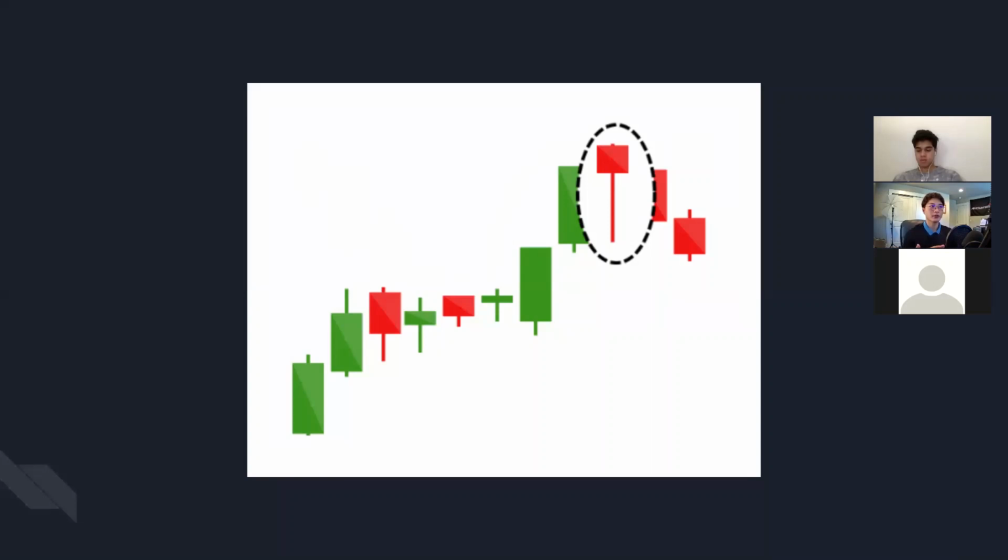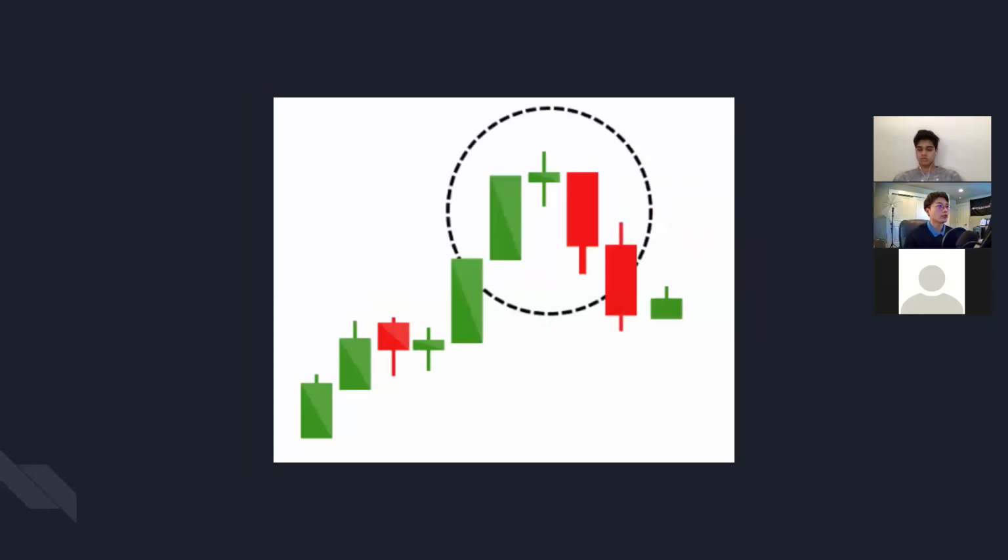Obviously, you would probably sell your shares at this point in time, if you see a strong uptrend and then suddenly a minimal downtrend, where during that time interval there was actually a pretty low close in terms of the long body.